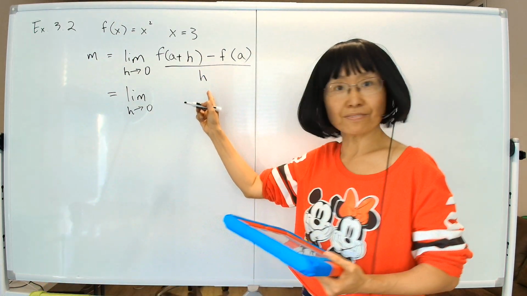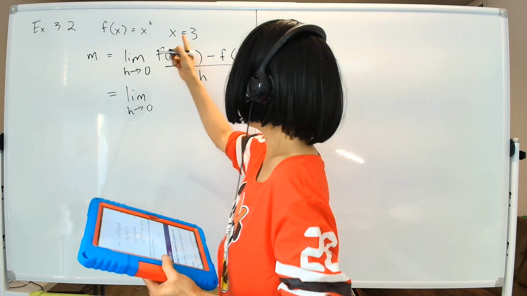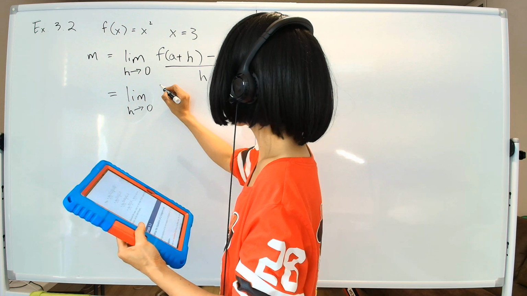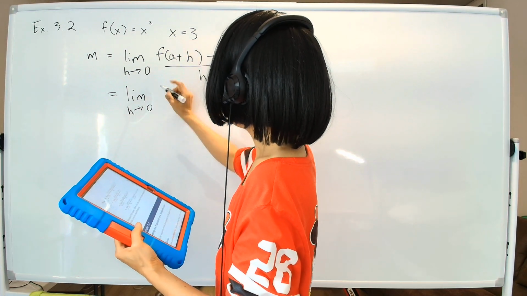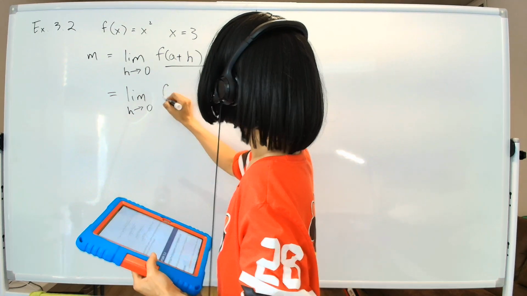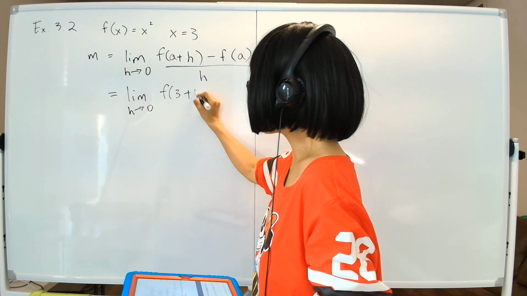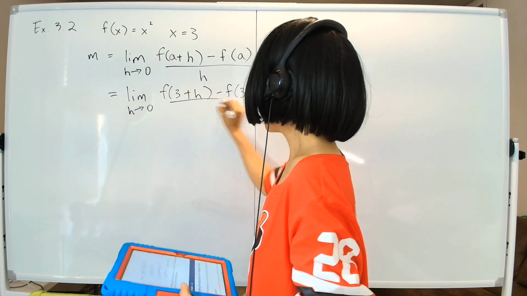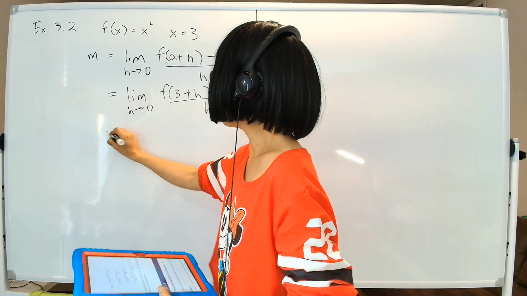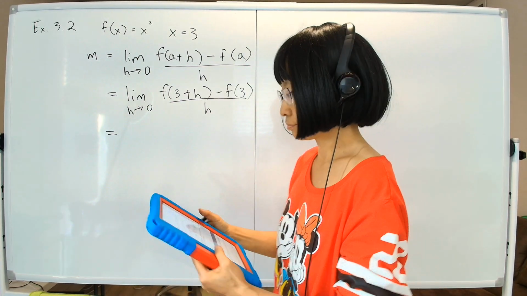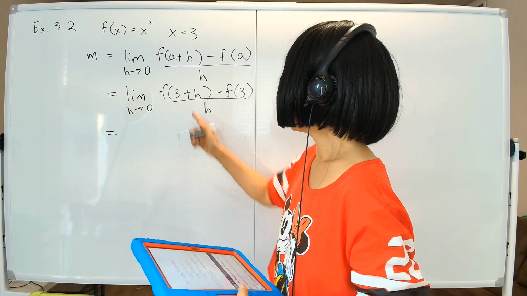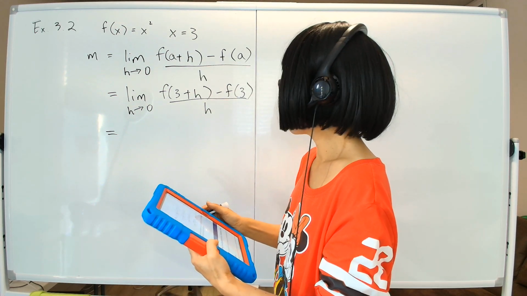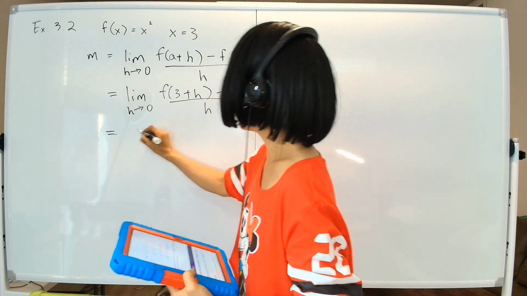You notice you're dividing by 0 again. So as h approaches 0 of f of 3 plus h minus f of 3 divided by h, which equals, okay, now put it in.